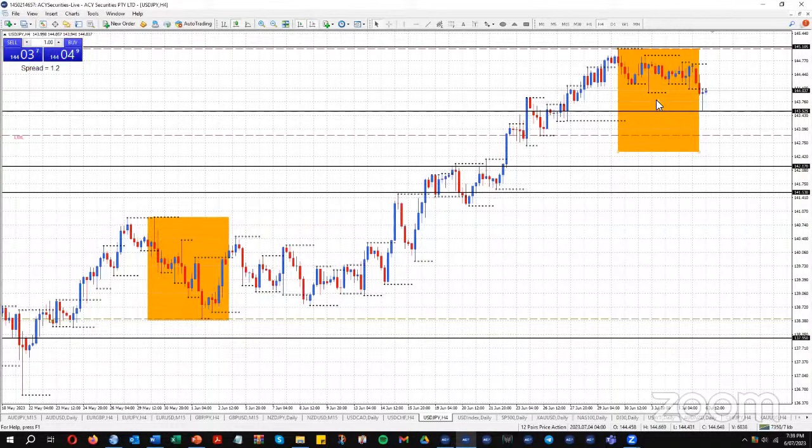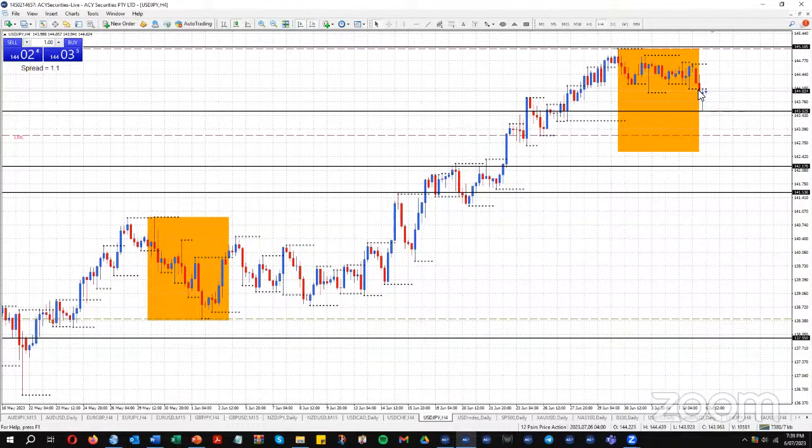So we'll look for a very similar pullback, and get set for the next opportunity to be a buyer to trade up in line with this overall carry trade that's going on. Interest rate differential favors the US dollar side significantly to the yen side. As long as nothing's coming out from the US to dictate a change of that philosophy, they've already said from the Fed that potentially there's another 2 interest rate hikes at least on the US side.